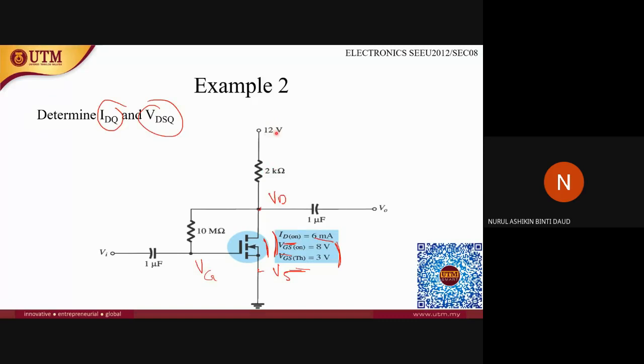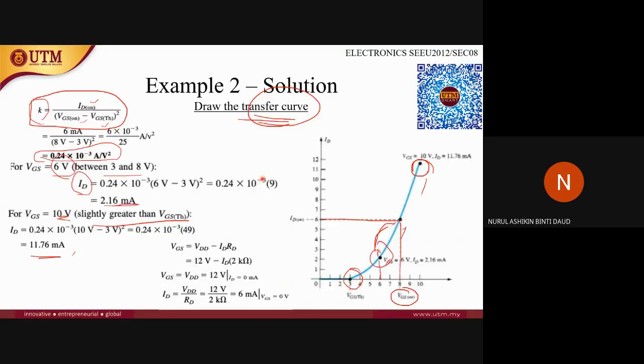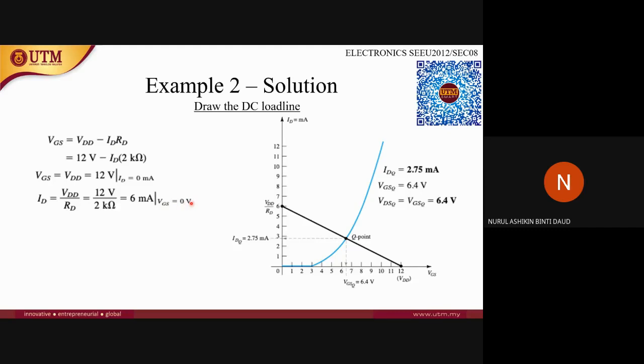This voltage divided by this resistor value will give the value of the drain current. So when VGS equals 0, VDD over RD gives you 6 milliamps. That is the intercept on the Y axis, the Y intercept.